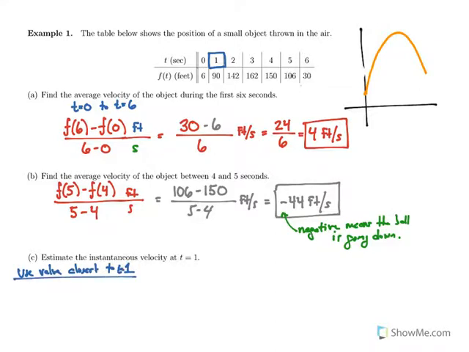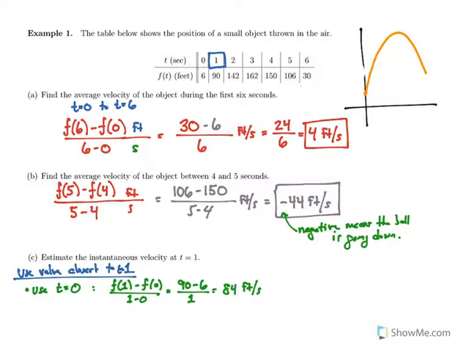And there are two things that we could do. We could use t equals 0. In that case, we have f of 1 minus f of 0 over 1 minus 0, which would be 90 minus 6 divided by 1, 84 feet per second. And that is an estimate for the instantaneous velocity at that point.